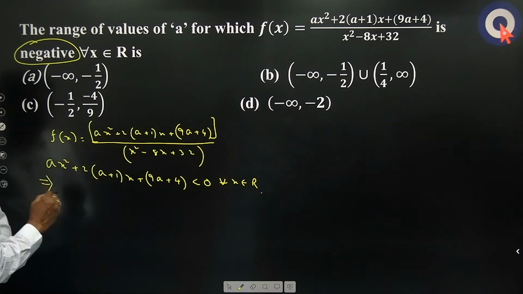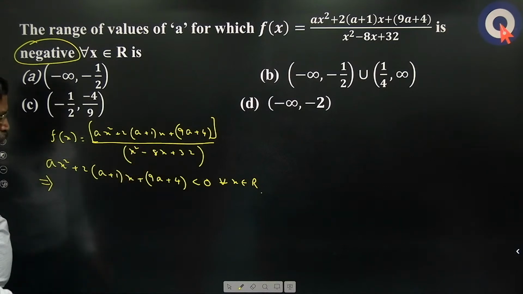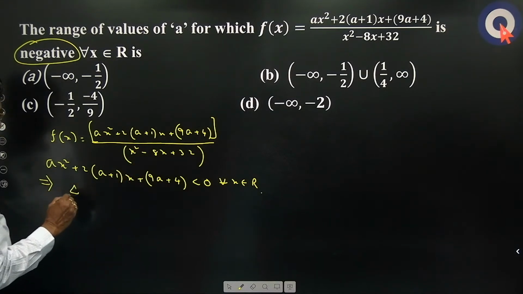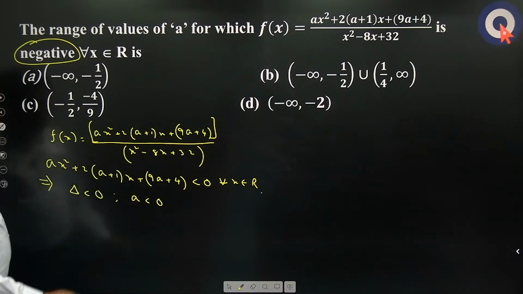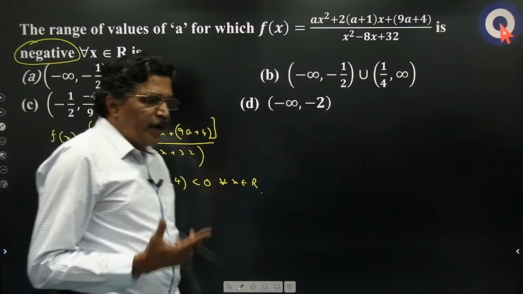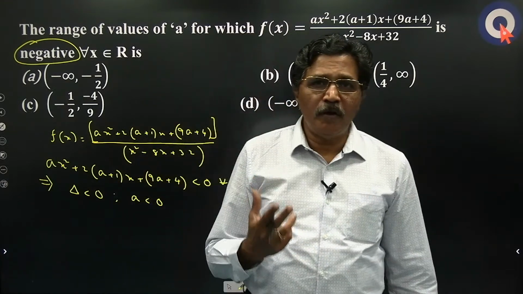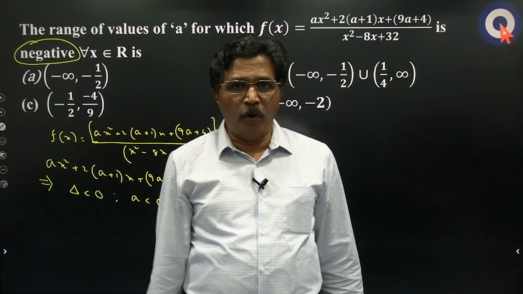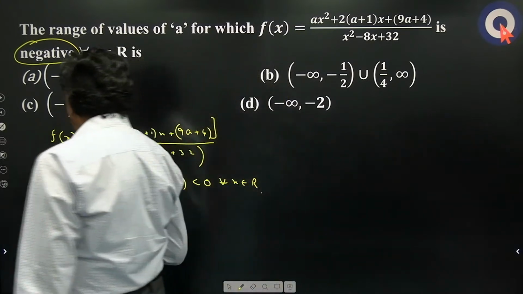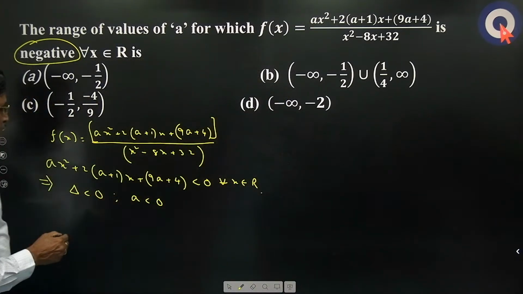For all x belongs to R, you should have delta less than 0 as well as a less than 0. The concept is that when delta is less than 0, the sign of the quadratic expression is the same as that of the coefficient of x square for all x belongs to R. So it has to be delta less than 0, a less than 0.